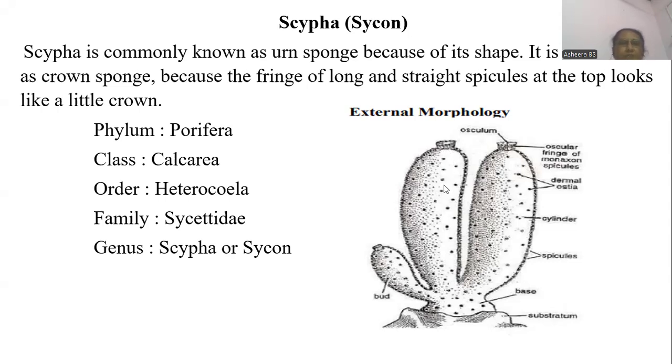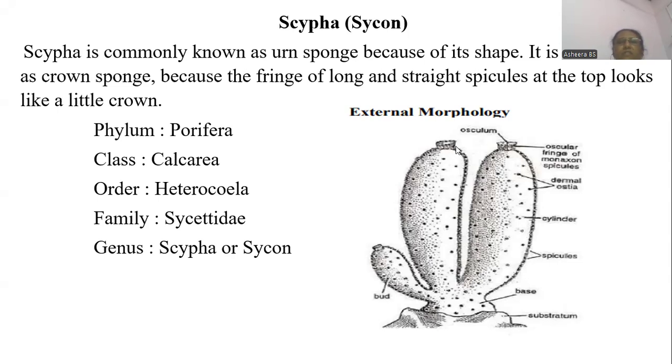And if you take this Sycon, all over the body you can see many number of pores are present, and these pores are called as the dermal ostia. So Sycon is having a cylinder-like body, and at the anterior region the oscular fringe is present.